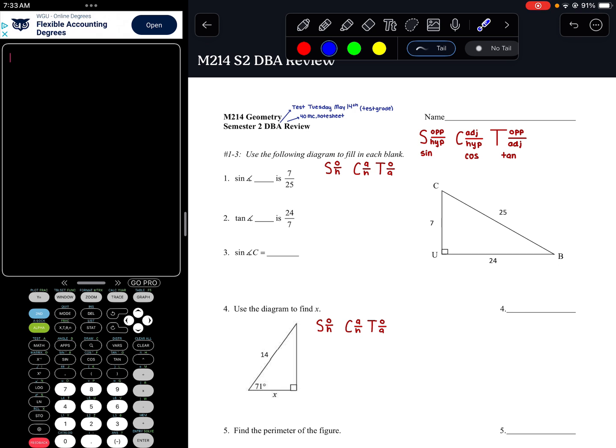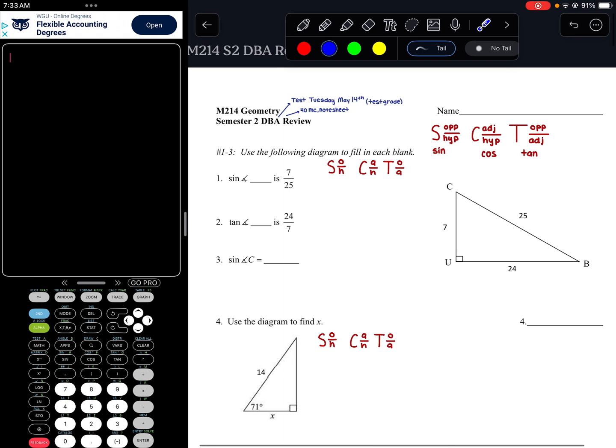So let's go ahead and see what we remember about SOH CAH TOA. Question number 1 says sine of blank is 7 over 25. You are being asked to fill in the correct letter. You are asked to identify the correct angle that makes 7 over 25 true.